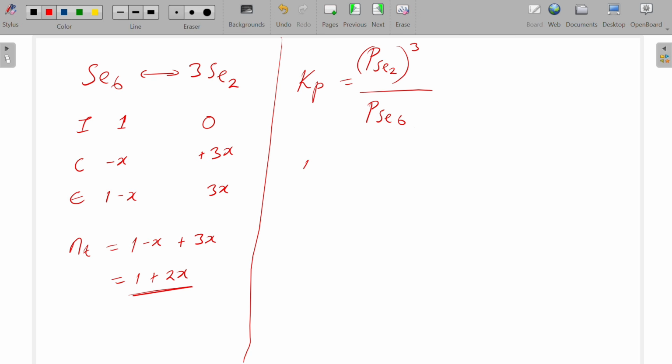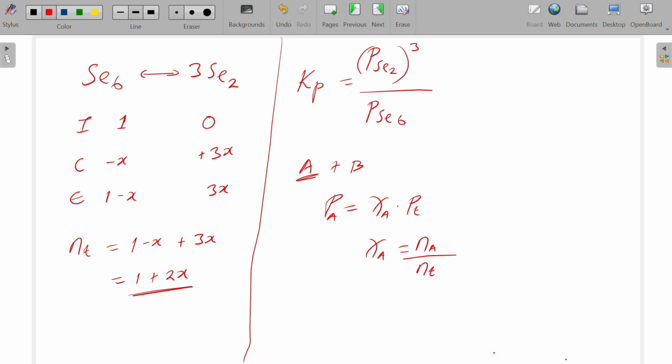So if we have component A added to B in a system, the partial pressure of A can be given by the mole fraction of A multiplied by the total pressure of the system, where the mole fraction of A is the number of moles of A divided by the total number of moles.